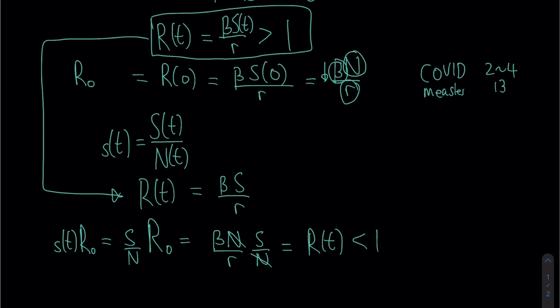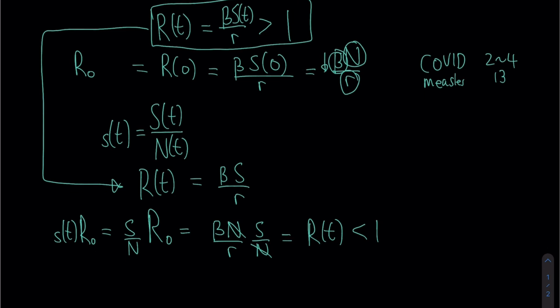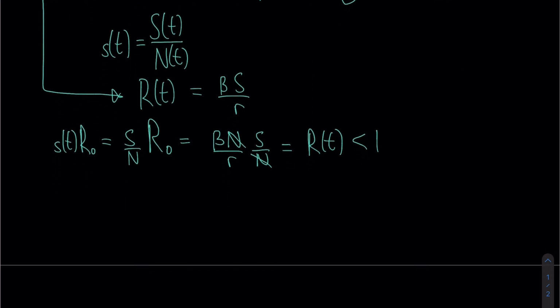We want this value to be less than 1. In other words, we want the proportion of susceptible people to be less than 1 over R0. But we want to manipulate this equation so that we know how many people to vaccinate.